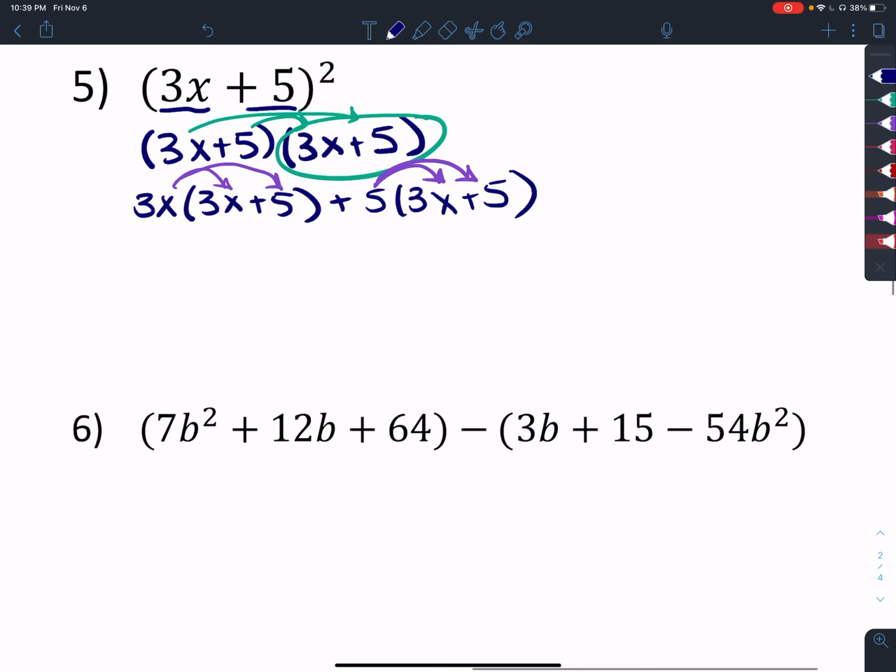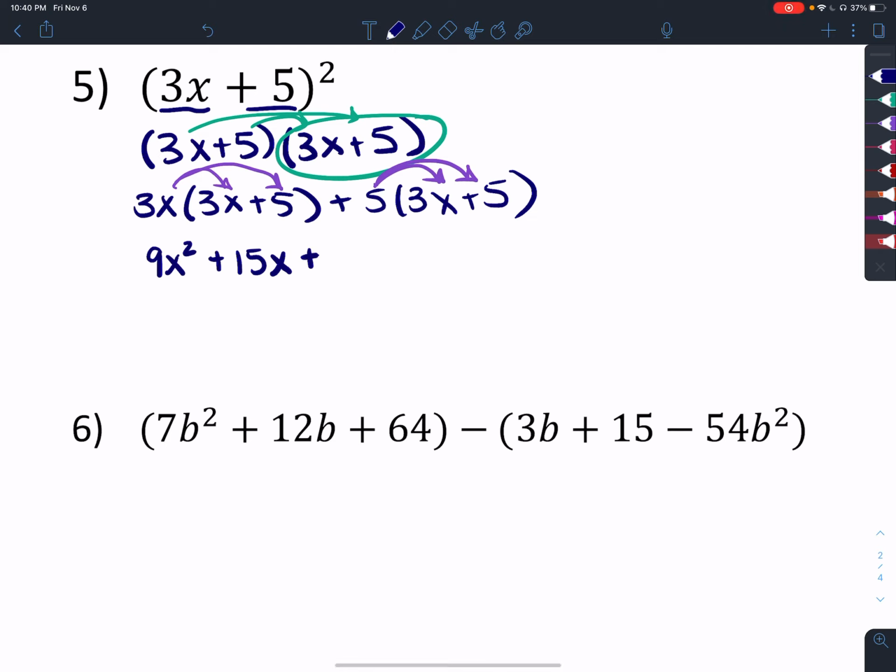Okay, so this first one we have 3x times 3x, we get 9x squared, and then 3x times 5, we get 15x. And this is something that I saw a lot of mistakes, is this x, because this 5 doesn't have an x, you tend to kind of just drop the x and forget about it. It's very important that you carry that x with you and you put it in your answer here.